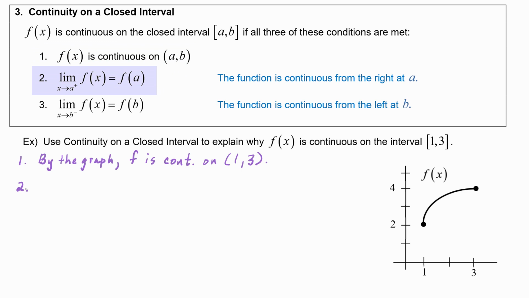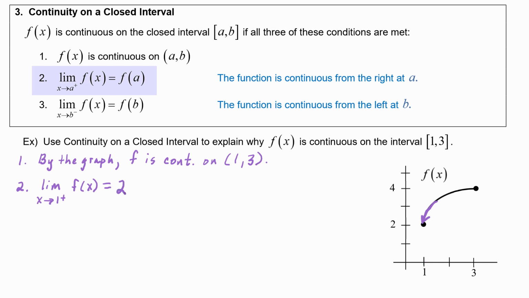Second, we have to show that the function is continuous from the right at x equals 1. So that means we need to do the limit as x approaches 1 from the right of f of x. And we can see that as x comes into 1 from the right, the y value is approaching 2.